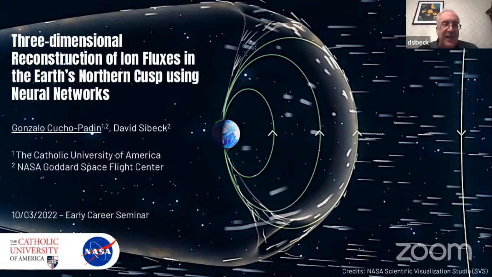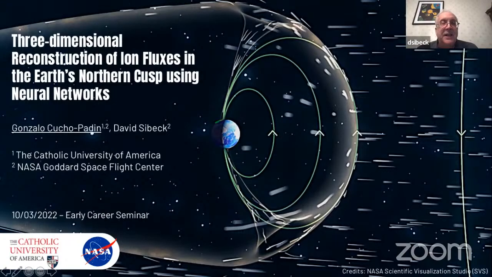So with that said, I would like to introduce the first speaker today. That is Gonzalo Cucho-Padin. He's a postdoctoral researcher here at NASA's Goddard Space Flight Center. His doctoral thesis addressed the distribution of neutral densities in the terrestrial exosphere.